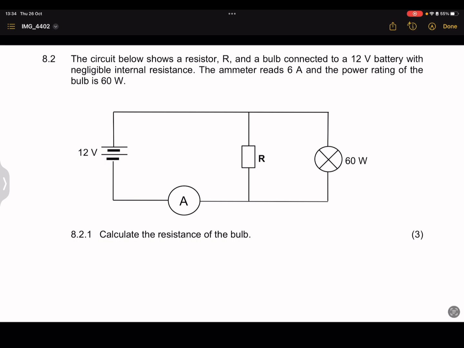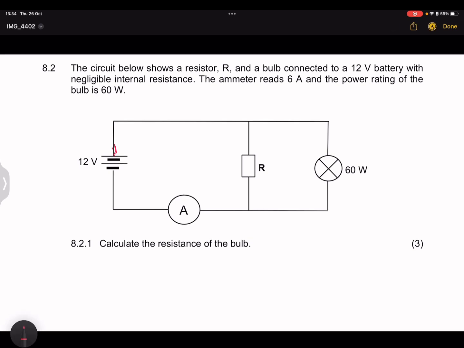They give us a circuit there, which has a bulb that is connected to a 12-volt battery with a negligible internal resistance. They say the ammeter reads 6 amperes and the power rating of the bulb is 60 watts. Firstly, they want us to calculate the resistance of the bulb. Now we know there's the total current moving outside of the battery.